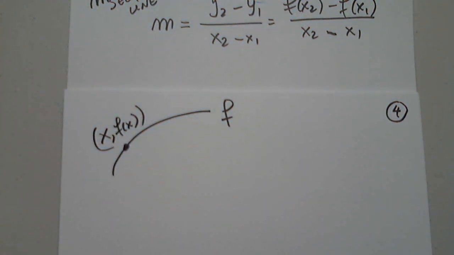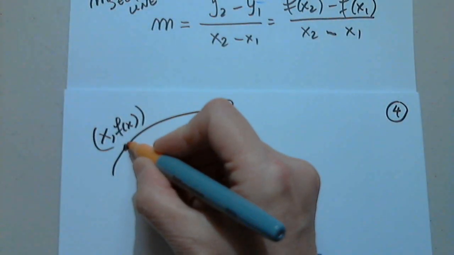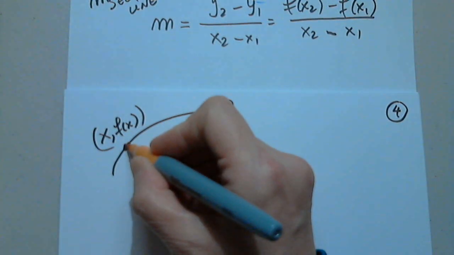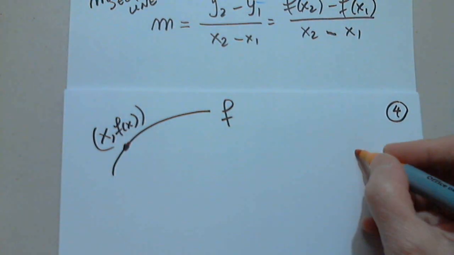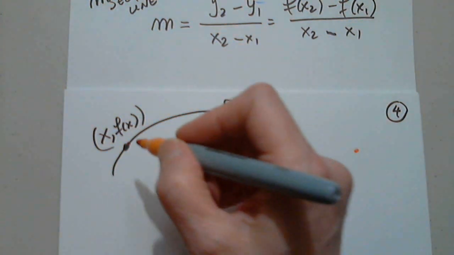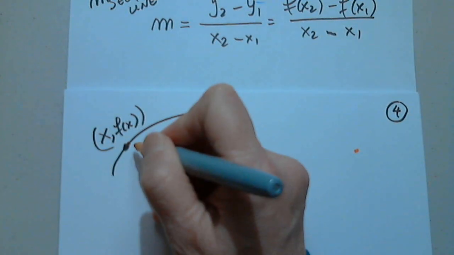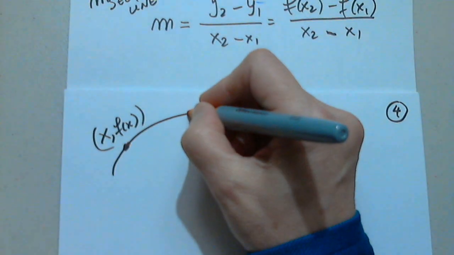And for the second point, I'm going to tell you that the second point is very close here. Very, very close. But I'm going to zoom in because if it's this close, how do I show anything? I can't. So the second point is extremely close, but because I'm going to zoom in, it will appear far away.